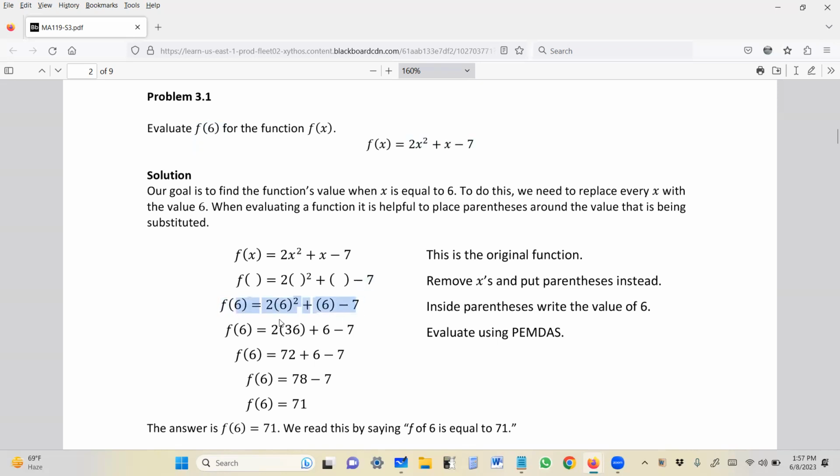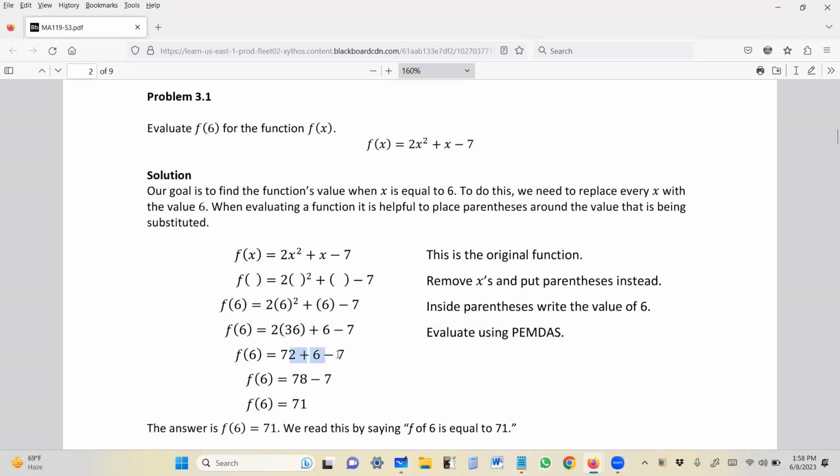From this step down, we are going to evaluate according to PEMDAS, which means parentheses first, exponents, multiplication and division, whichever one appears first, and addition and subtraction, the AS. So we evaluate 6 squared, which is 36. We do the multiplication, 36 times 2, which is 72.